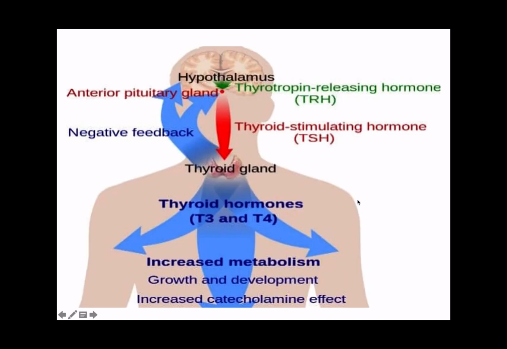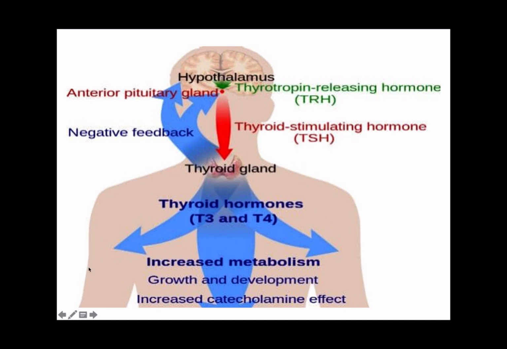So now let's look at the physiological role of iodine. As we can see, from the hypothalamus, the TRH, or thyrotropin-releasing hormone, will help to stimulate the thyroid stimulating hormone, short as TSH. And then this TSH will stimulate the formation of thyroid hormones in the thyroid gland. These thyroid hormones are known as T3 and T4.